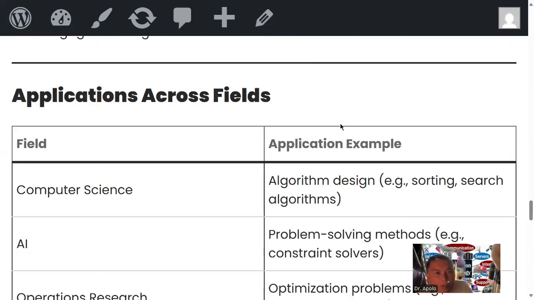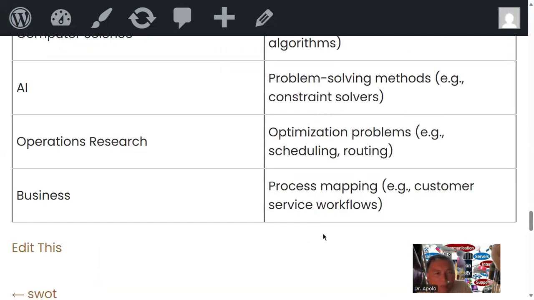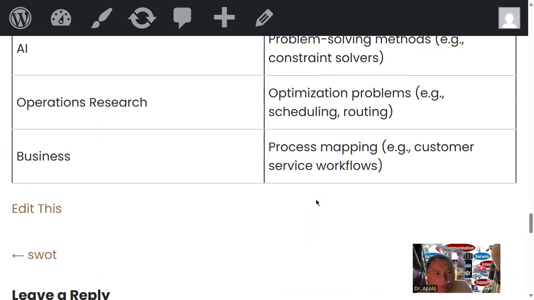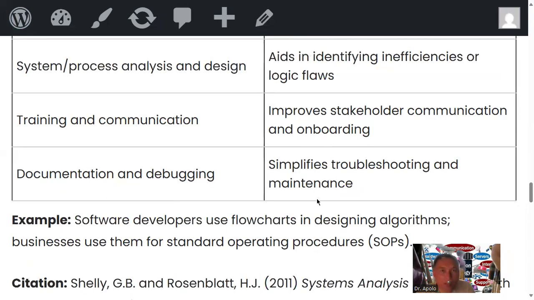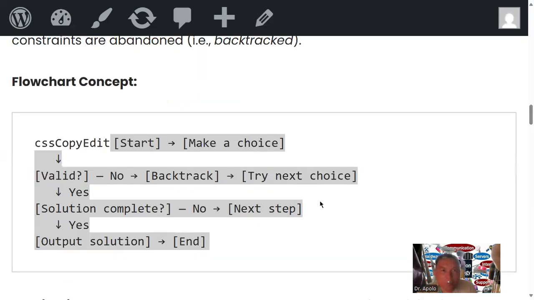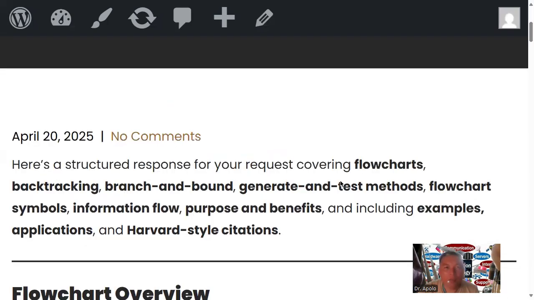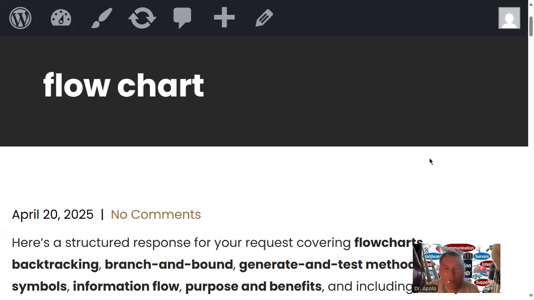We have applications across fields: in computer science, algorithm design, sorting and searching programs, AI problem solving methods; in operations research, optimization problems; and business process mapping. So that's the application of flowcharts. Actually, for discussing an idea and giving direction, the flowchart has been very useful. I hope this gives you an idea of what a flowchart is.